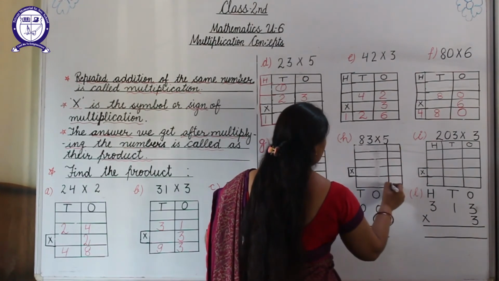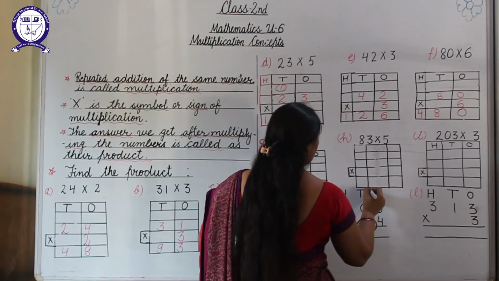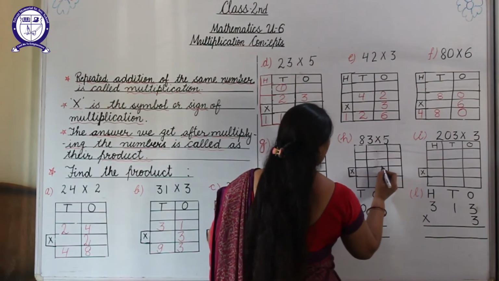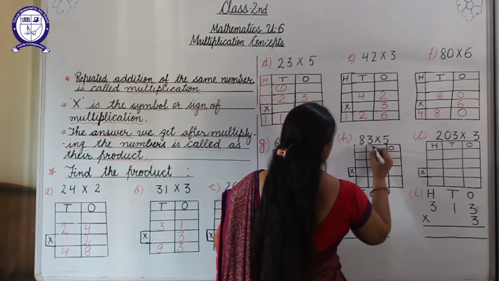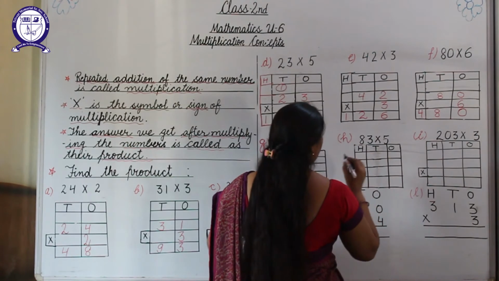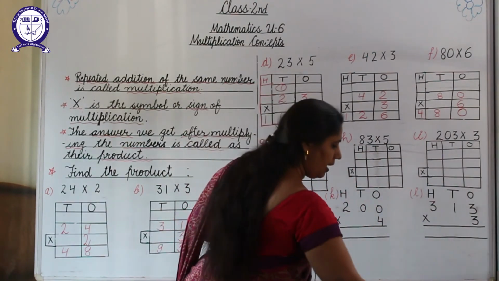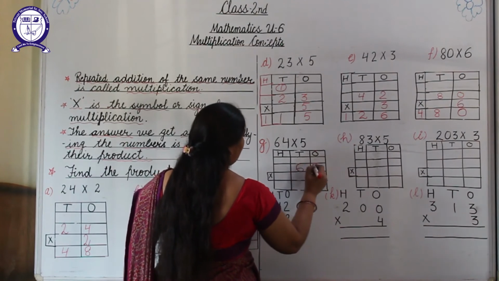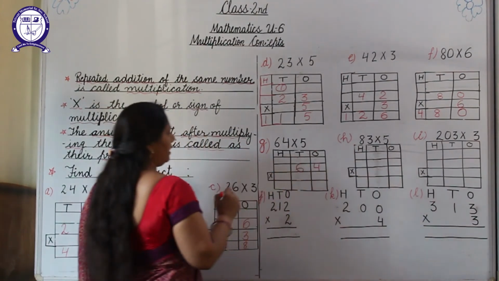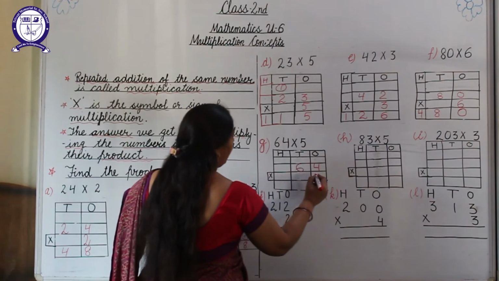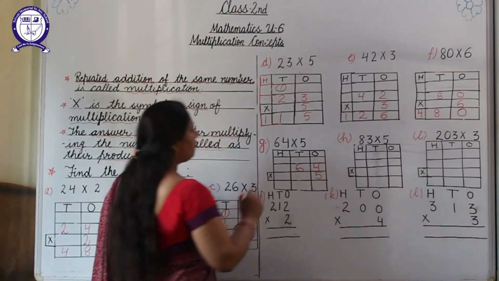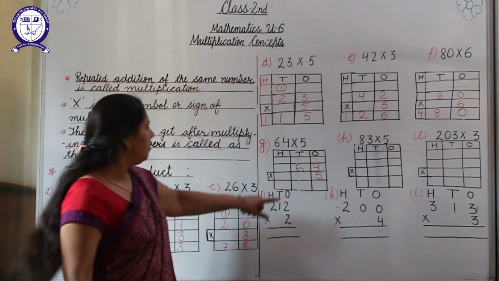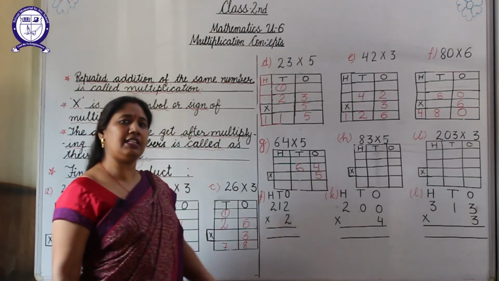We have to arrange 3 columns: ones, tens, hundreds. So firstly we have to arrange the number in the column like that, 64 multiplied by 5.